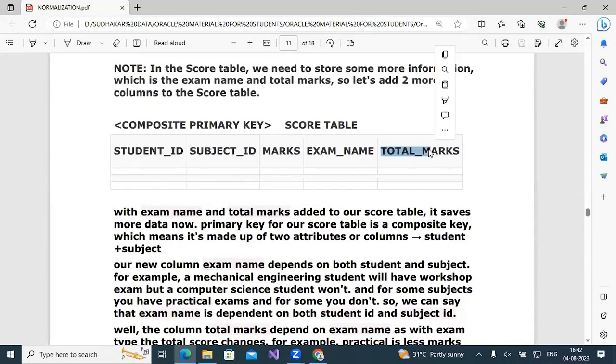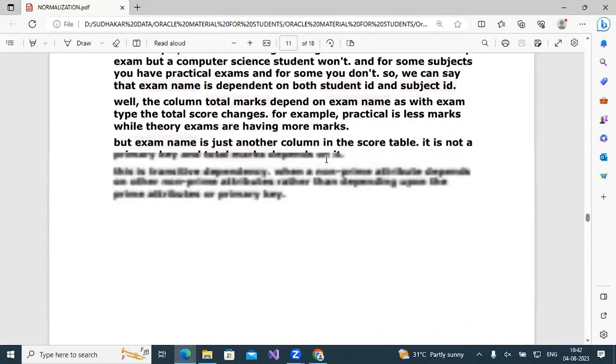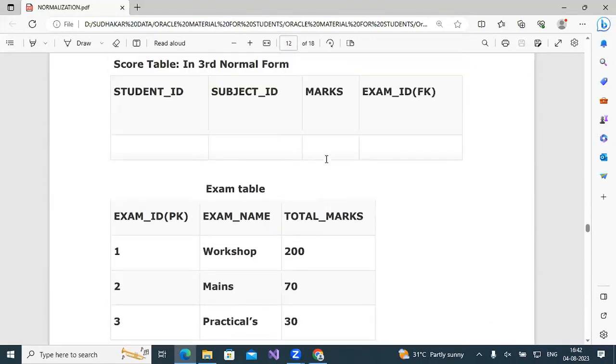What is the technique? Divide into two tables. Normalization mainly requires decomposing, dividing your table data into multiple tables. That's called normalization. So now I'm going to divide it again into two tables.